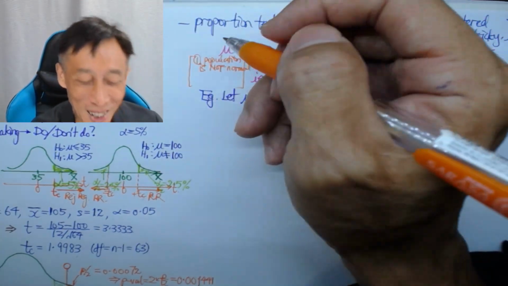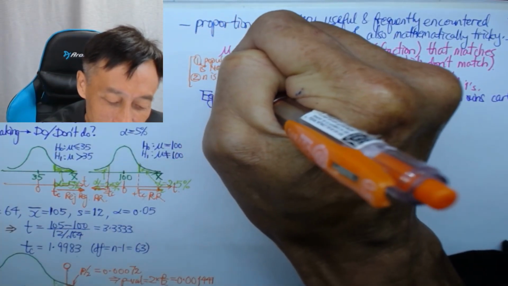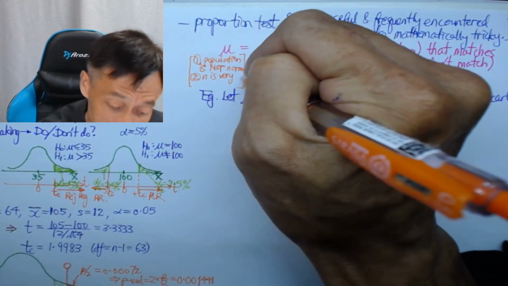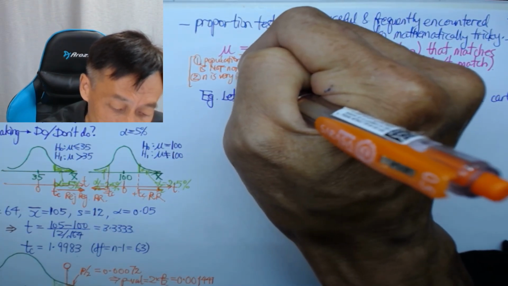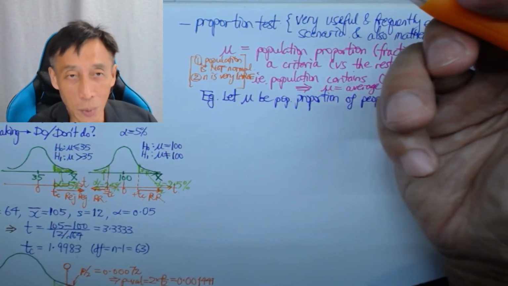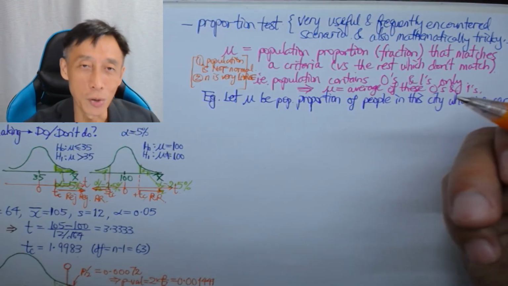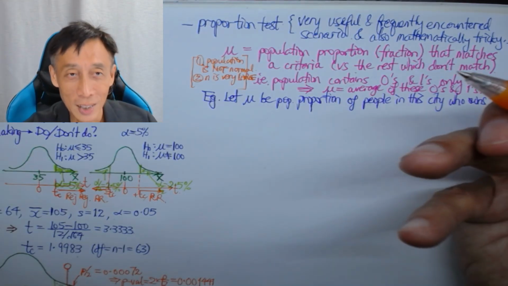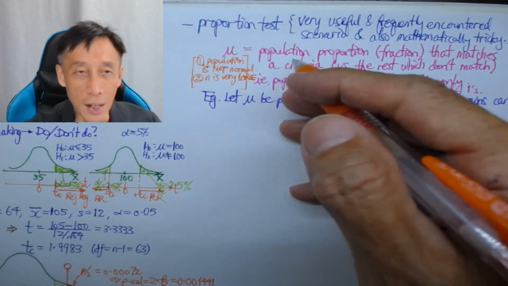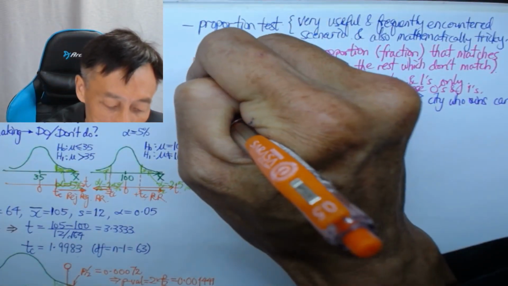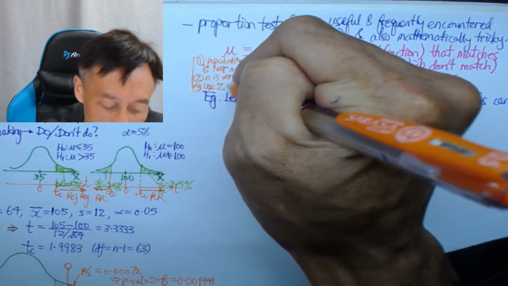However, the n is very, very large, like in the hundreds or even in the thousands. So CLT kicks in and says the sampling distribution of sample mean will be normal. It is so normal because n is so large that we can use the Z distribution instead.